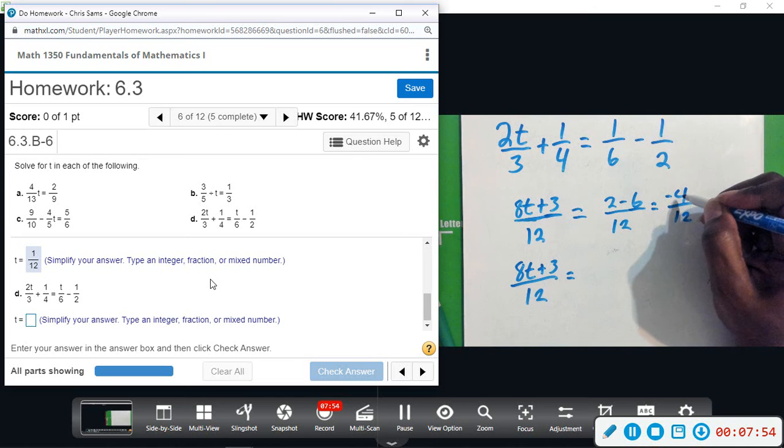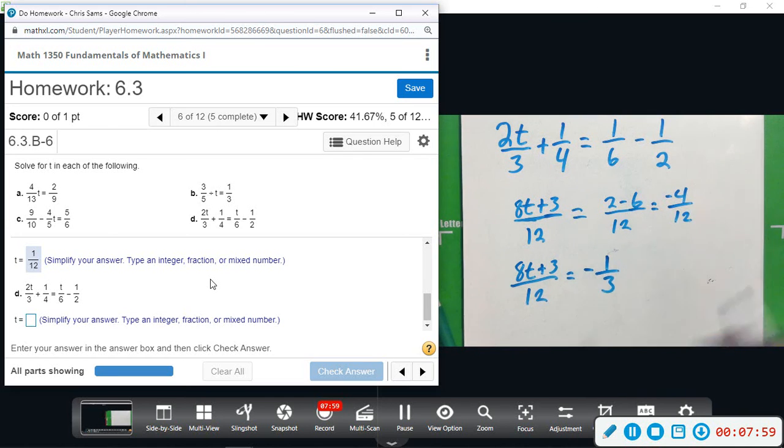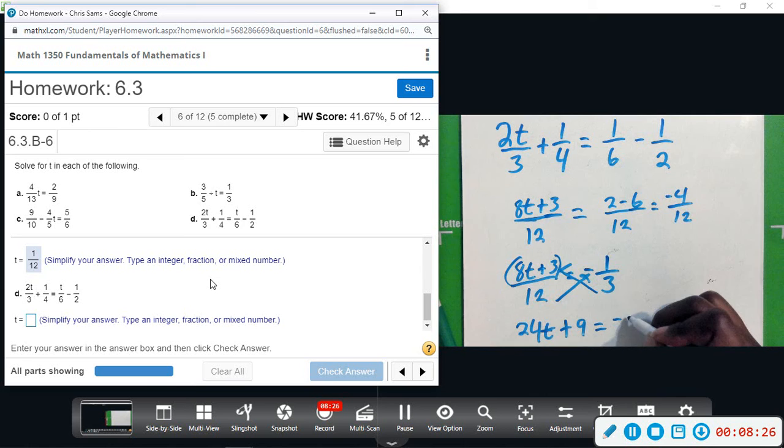This will reduce to negative 1/3. Better to deal with smaller numbers. Okay, then from here we have 1 fraction on the left, 1 on the right. Now we can just cross multiply over here. So since it's negative, this 12 is going to become negative when we multiply. 3 will get distributed amongst these 2. So we will end up with 24t. 3 times 3 will be plus 9. And then 12 times negative 1 will be a negative 12.